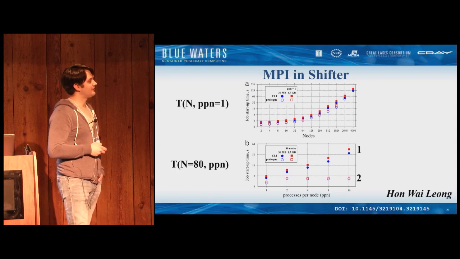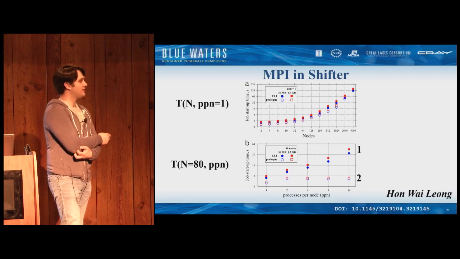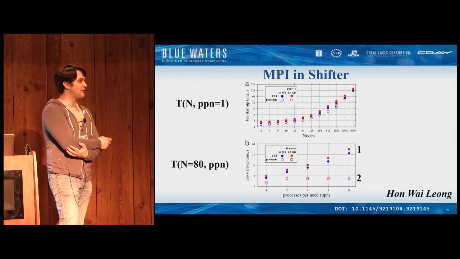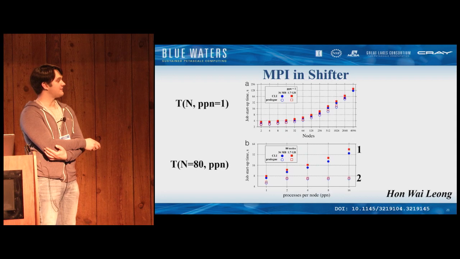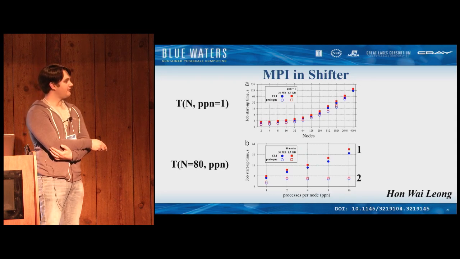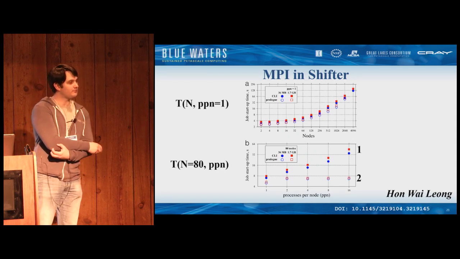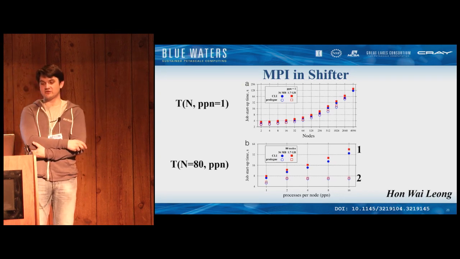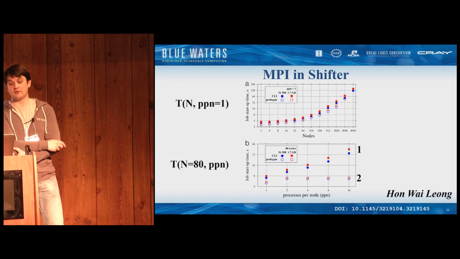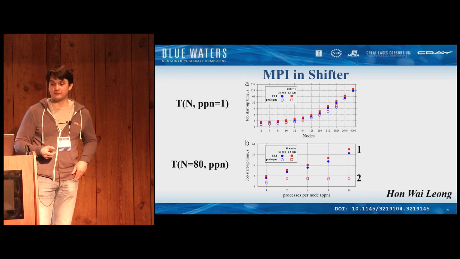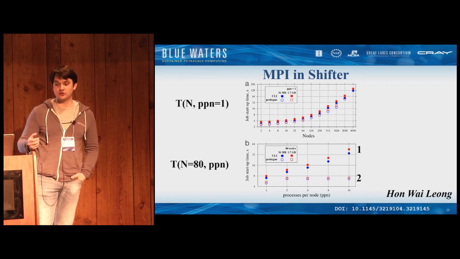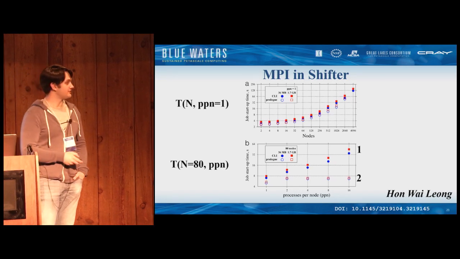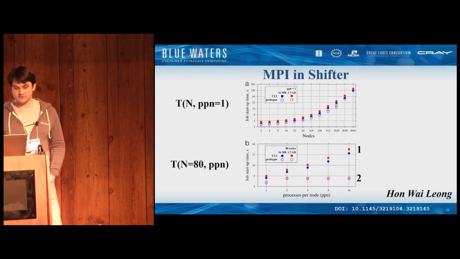Basically, the top graph shows that the size of your Docker image does not matter. And the second one shows us that if you specify the image when you submit a job, essentially your job will start immediately. So there won't be an overhead when you use ppn, let's say, equals 16. As you can see, the difference is noticeable.